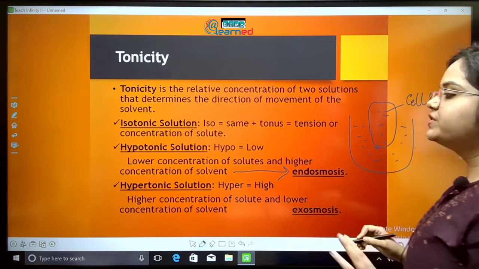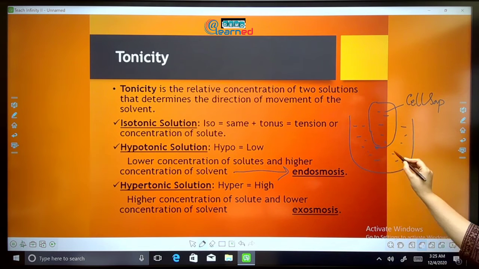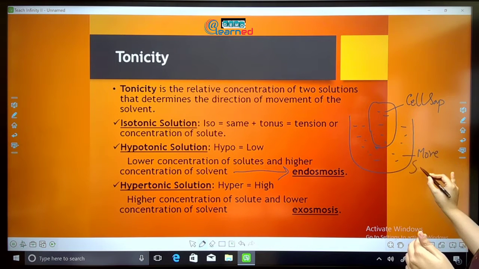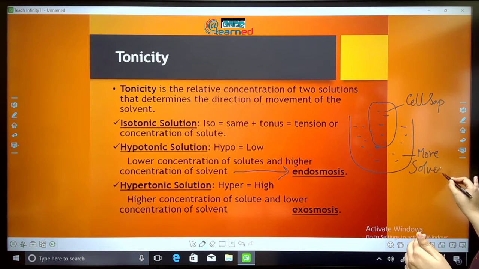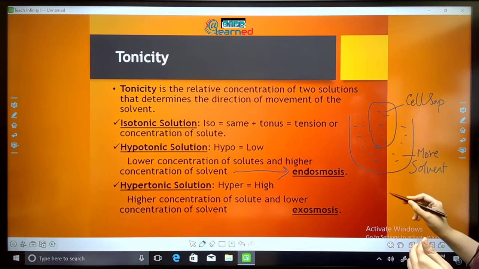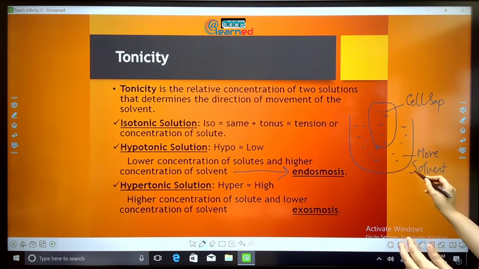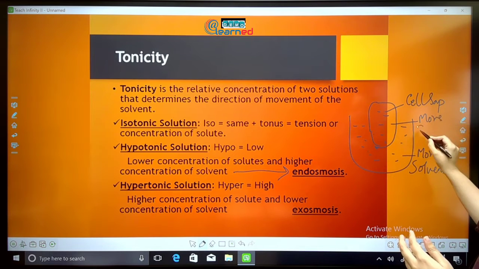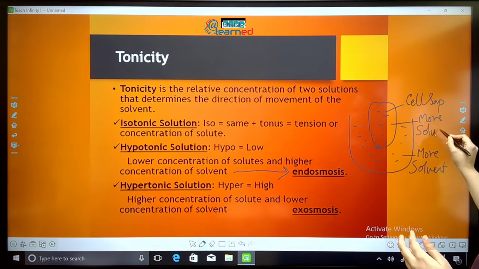Lower concentration of solute in what? In the medium. The medium has lower concentration of solute, more water is there, more solvent particles are there. And less solute is there, and here more solute is there and less solvent is there.